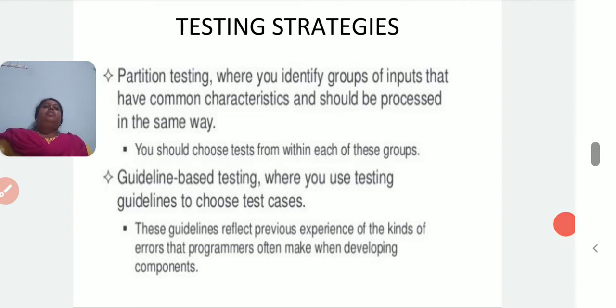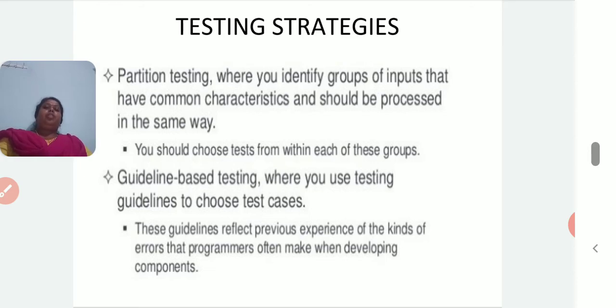The testing strategies. We have different strategies for test cases. First, partition testing, where the inputs are divided to identify groups that have common characteristics and should be processed in the same way. We choose some test cases from each group to check whether it is working properly.